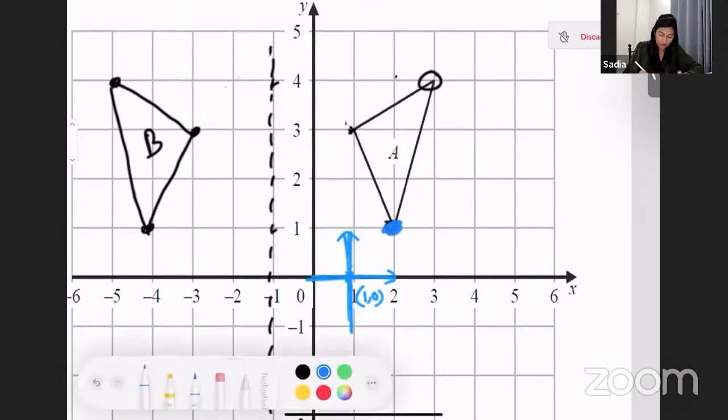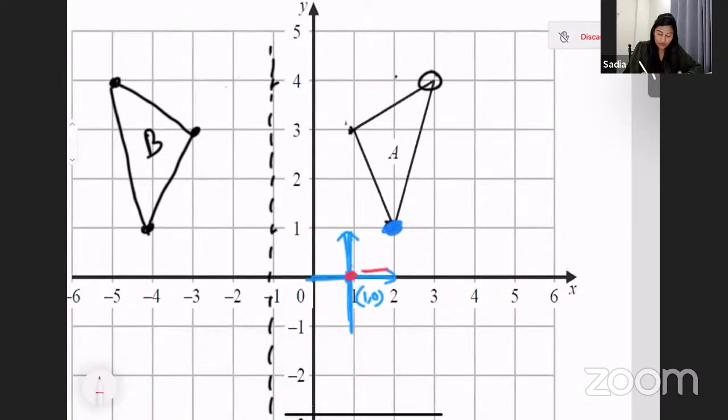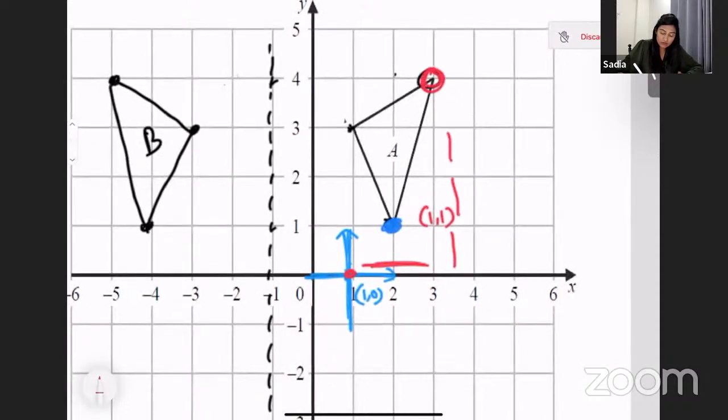From here you need to move 1, 1, right? Then if I need to go there, I need to move 2 units horizontally as in x coordinate 2, and 4 units vertically, so it's basically 2, 4. And for this part it's actually 0, 3.